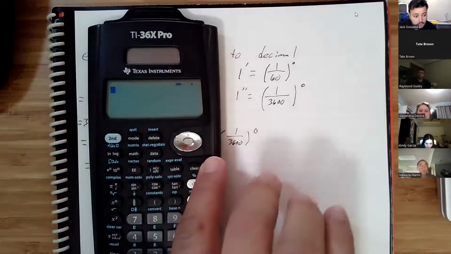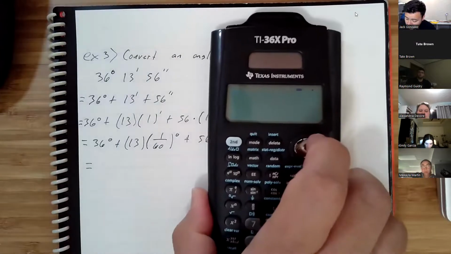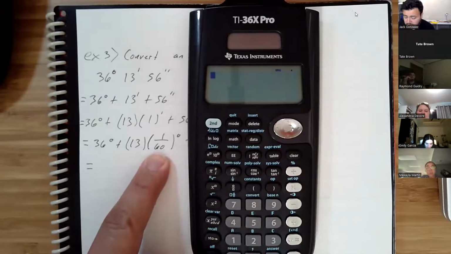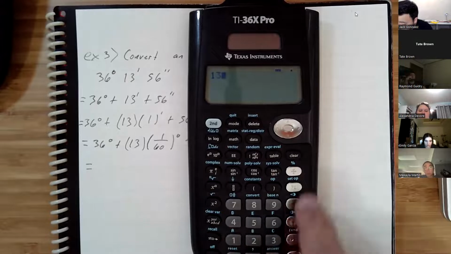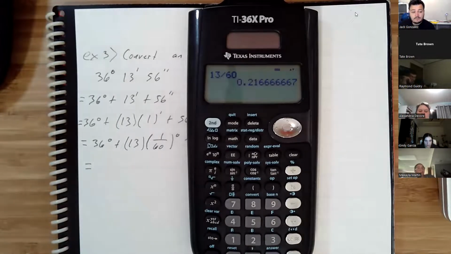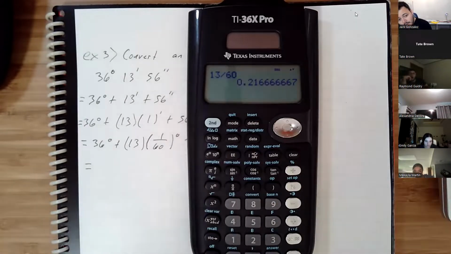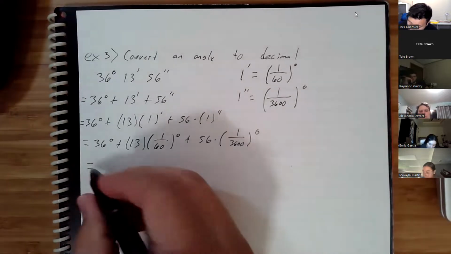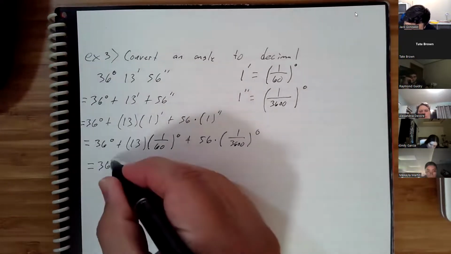Okay. So we have 13 times 1/60. That is the same as 13/60, right? Now we have a decimal. Going from degrees, minutes, seconds, it's going to have to be in decimals. So let's plug that in right here.